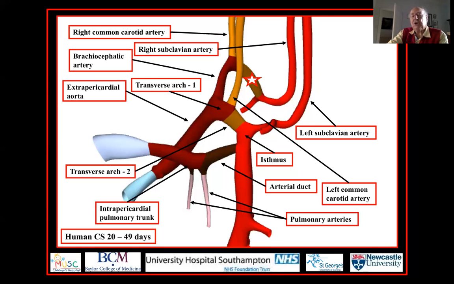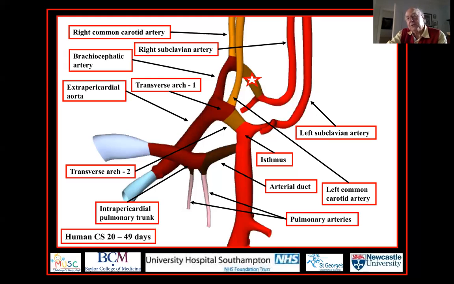And it is this crossing of the union between the arterial duct and the descending aorta by the left subclavian artery that is the key to understanding the formation of the isthmus of the aortic arch, which is going to be so important as we discuss coarctation.